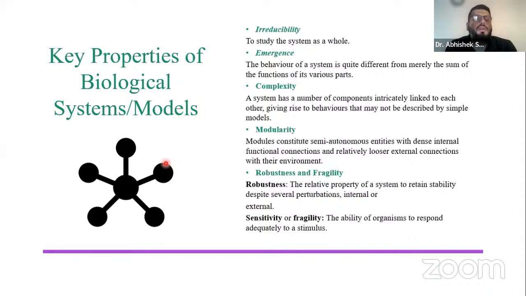Anything can be considered a system, but every system has certain properties, which I wanted to show you in this slide. Irreducibility is the first property, where we may undoubtedly gain significant insight into each of the components of the system by studying them individually, but we need to study the system as a whole in order to gain a holistic perspective of what these components do when they are all put together in an appropriate manner.